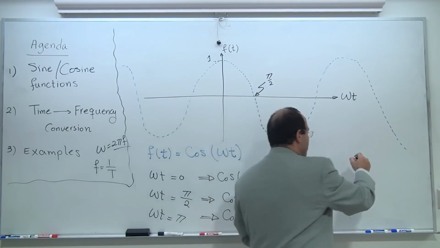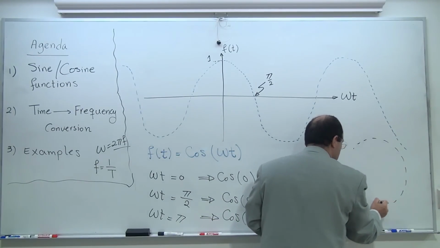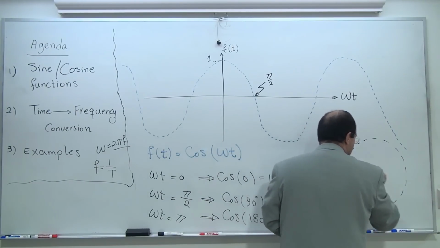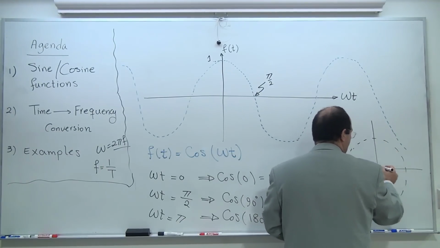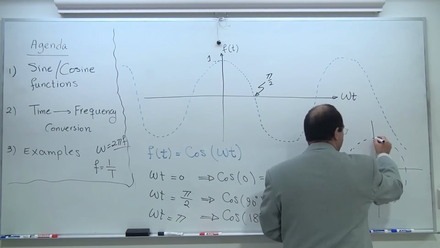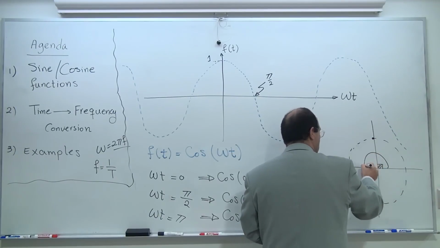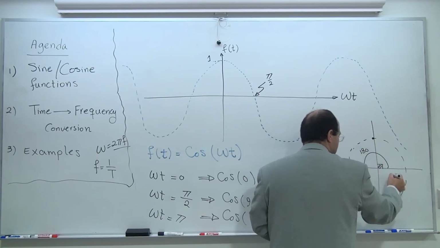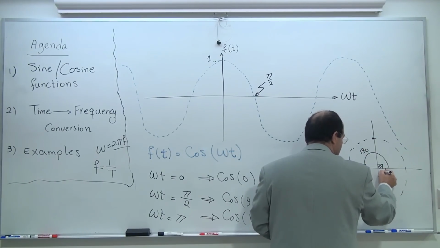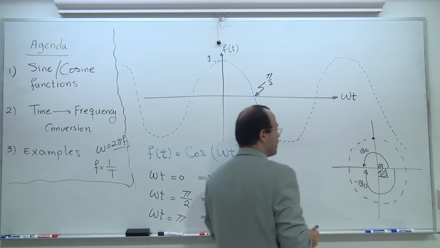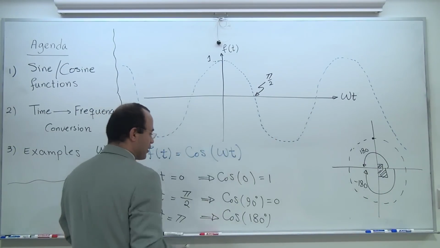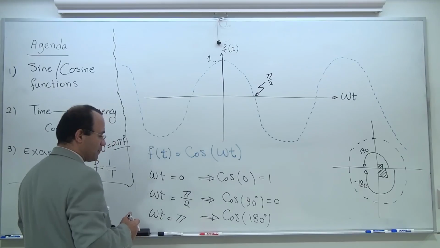Please remember this unity circle: that's my x-axis, this is my y-axis, this is 0, this is going to be 90 degrees, this is going to be 180 degrees, this is minus 90 degrees, and this is minus 180 degrees, right? So you remember the unity circle, which is going to be beneficial even for j.